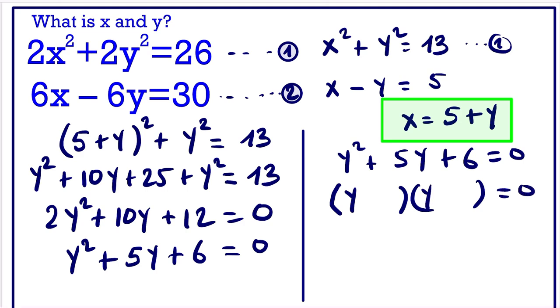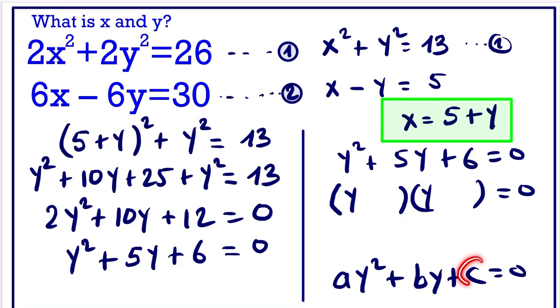Since it's in the form ax squared plus bx plus c equals 0, I'm sure you are versed with quadratic equations. Let me just change it to y, it's better: y squared plus by plus c equals 0.